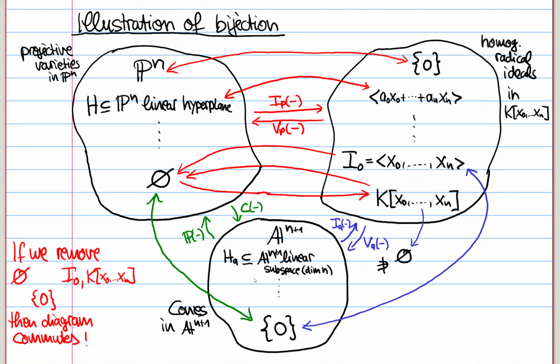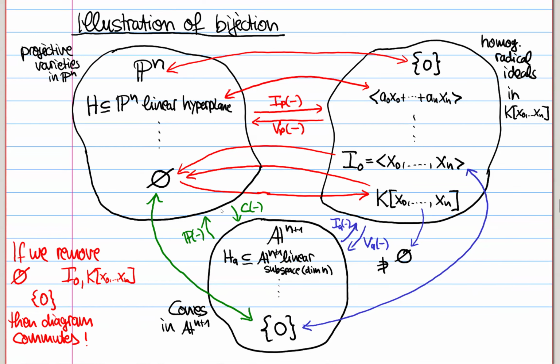What we have seen in today's video is that these two maps here define more or less equalities between varieties and homogeneous radical ideals. For example, the whole projective space corresponds to the zero ideal. This hyperplane corresponds to the ideal generated by a single polynomial of degree 1.